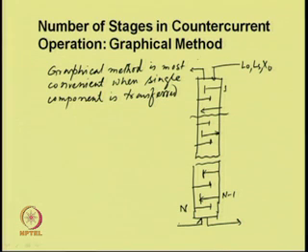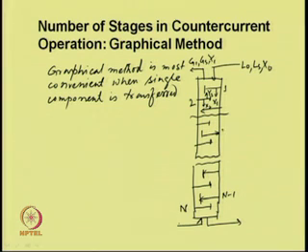So, this will be G 1, G s and y 1. So, here is x 1 and the gas from here is y 2, this is stage 2, and this is the liquid coming from this stage, x 2.